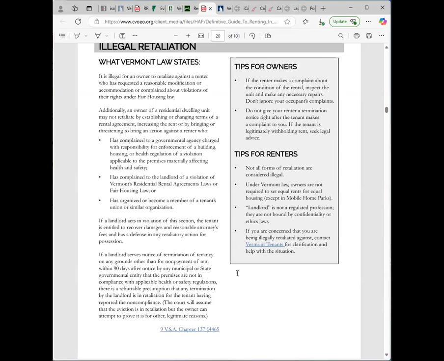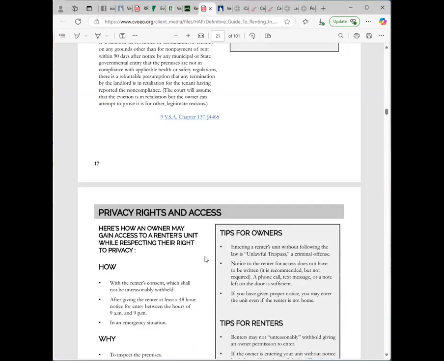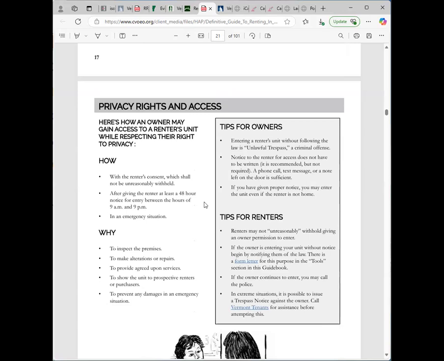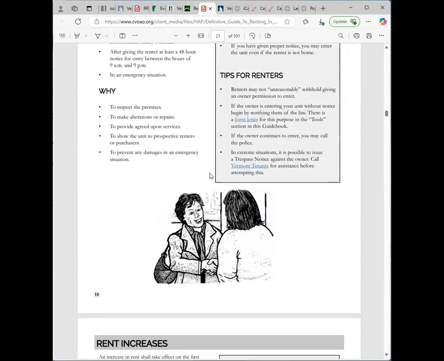It's just for the length of the tenancy, the landlord cannot retaliate, period. But within 90 days here in Vermont, this is interesting how this works. Privacy and rights, we're talking about when is reasonable, proper notice to enter. You must have a renter's consent.